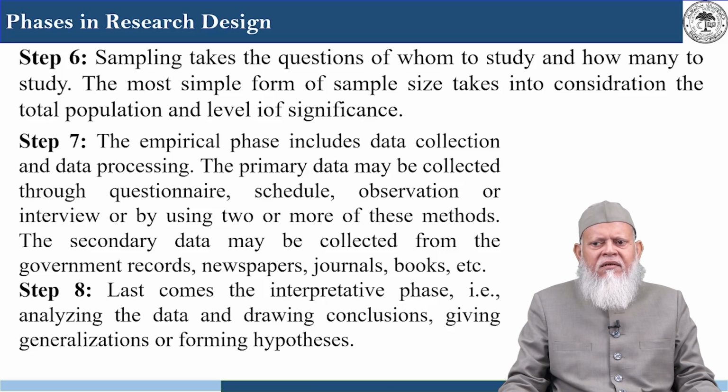The next step is taking the sample. It deals with the questions of whom to study and how many to study. The most simple form of sample size takes into consideration the total population and level of significance, because if suppose the population is small, say only 100, then there is no need for a sample.